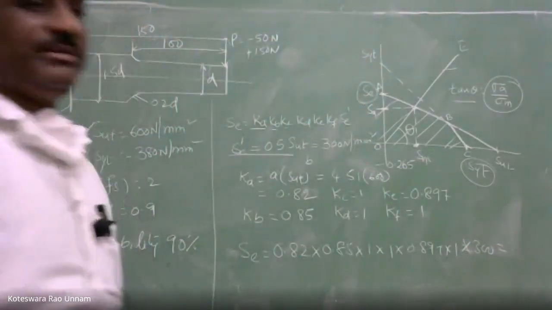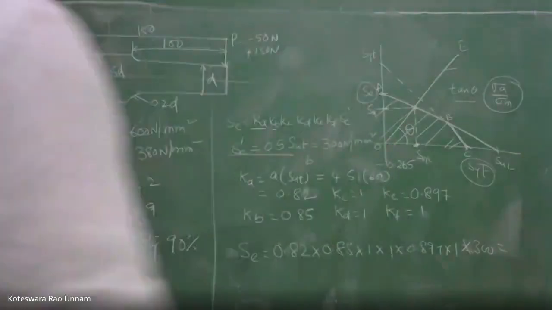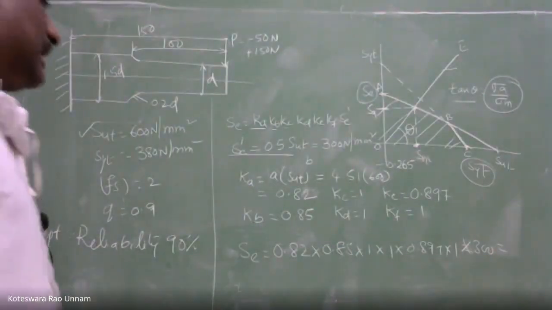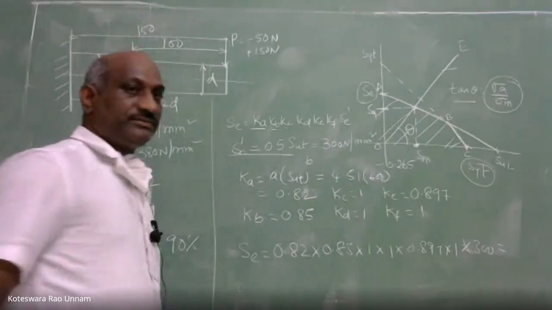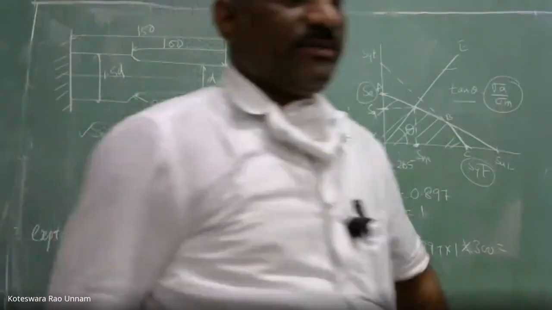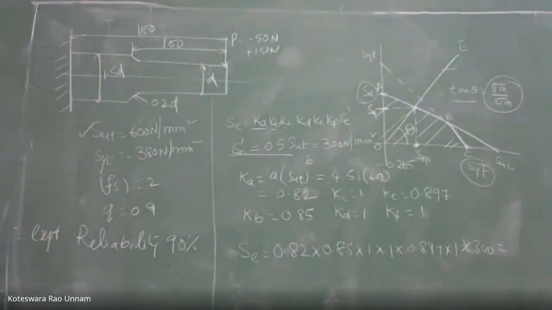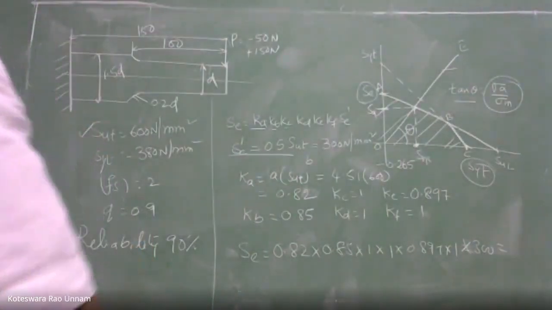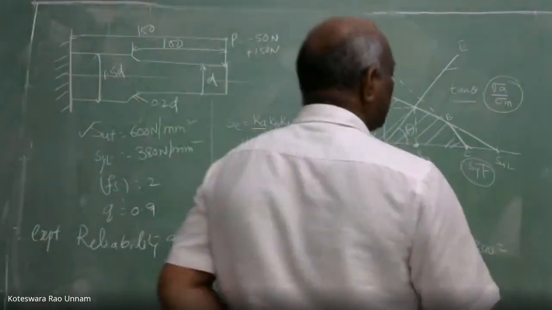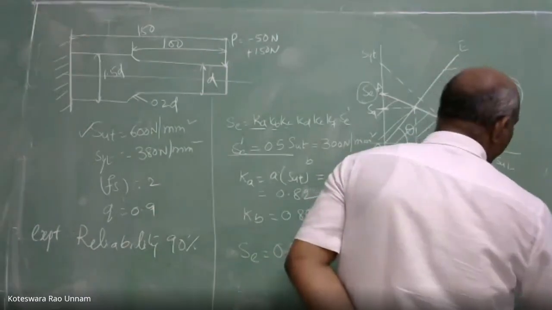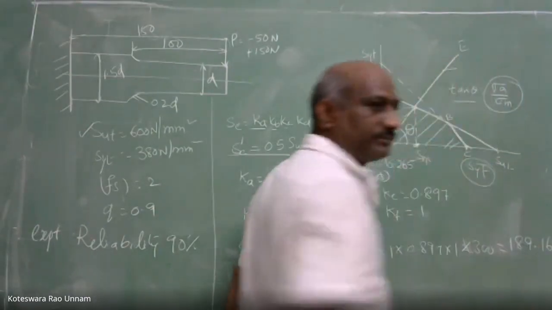This SE we call the fully corrected endurance limit for the component. Calculating that value, it is 189.16 MPa or Newton per mm square.